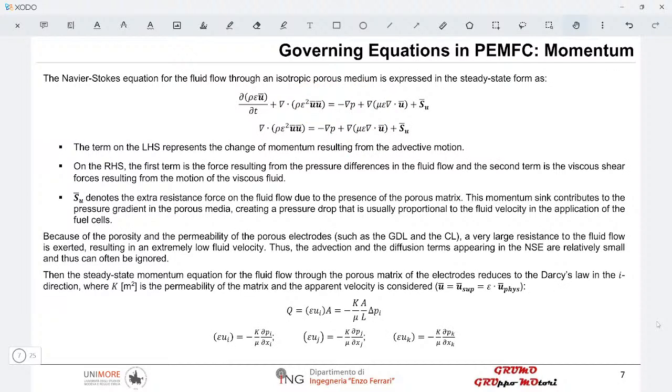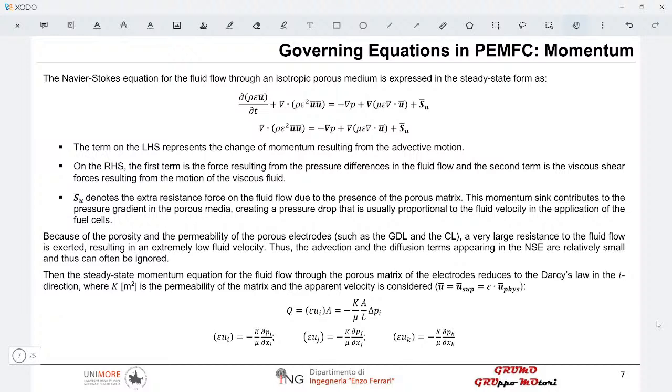Now, the momentum equation. We start from the generic Navier-Stokes equation. We say that this is a vectorial equation. So here the transport is basically like any other transport equation, but here the transported variable is velocity itself. Okay.